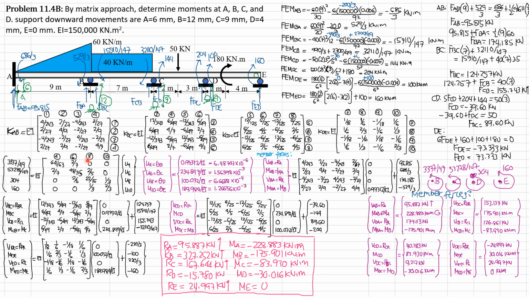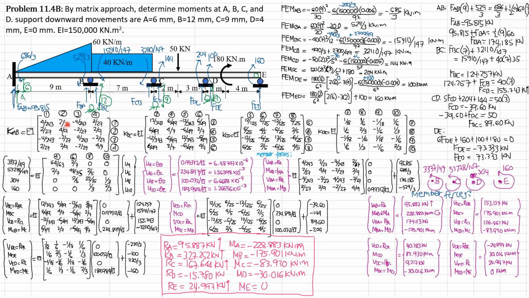Then for the stiffness of each member element AB, students in matrix structural analysis should no longer ask for the preparations of these values. You know this already, so I just reviewed it. For 12 EI over L cube, 12 times EI, treat it as 1, divided by 9 cube, so that's 4 over 243.